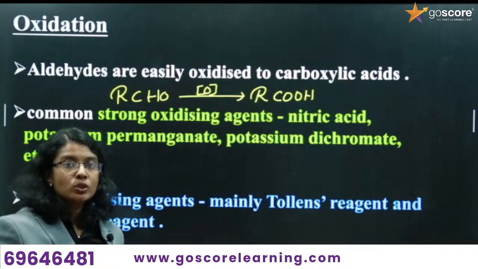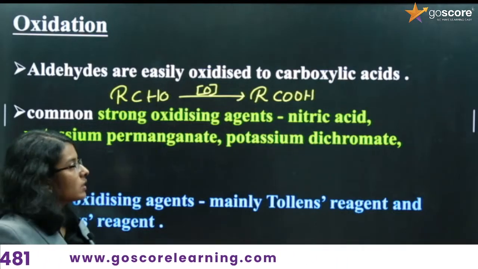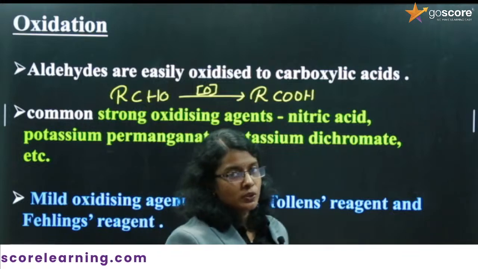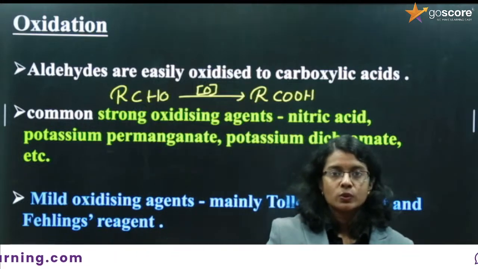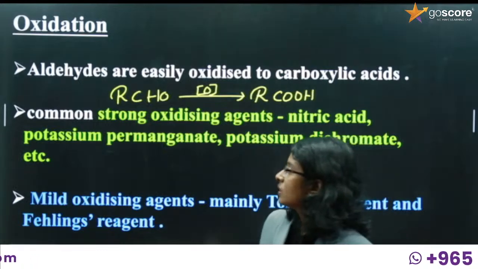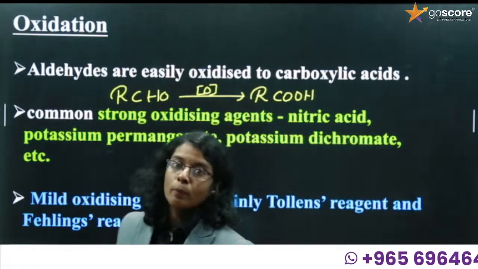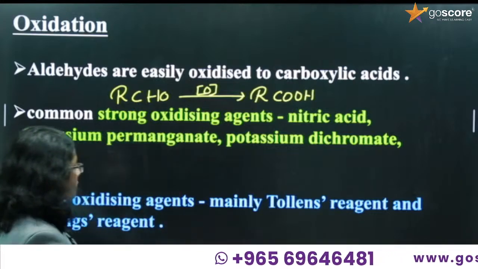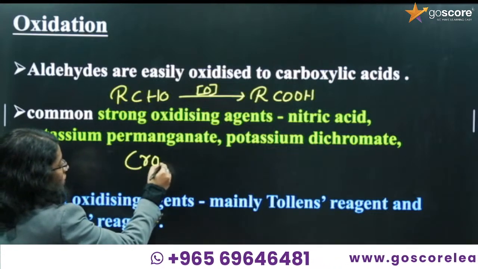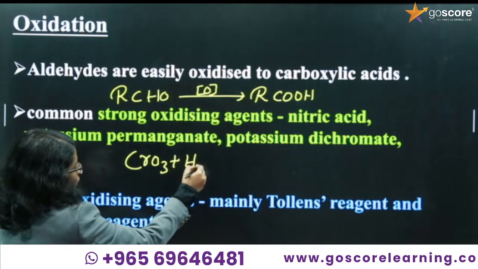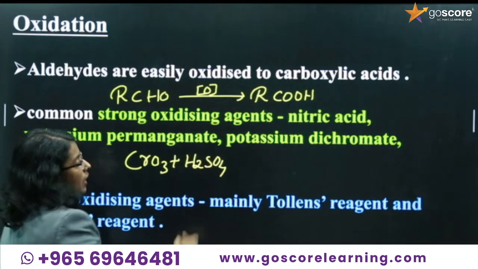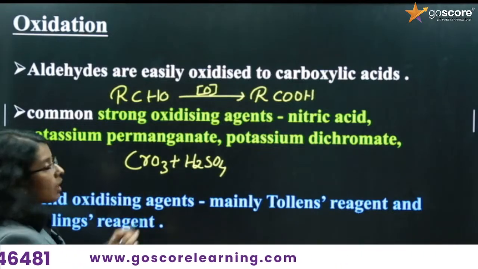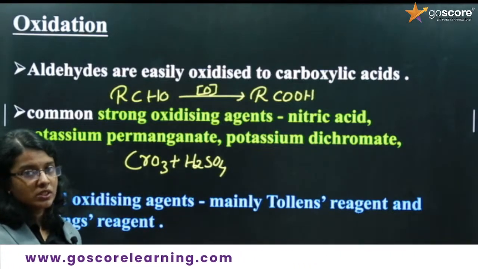Aldehyde on oxidation gives carboxylic acid. Which are the strong oxidizing agents? KMnO4, potassium dichromate, CrO3 plus H2SO4. These are all strong oxidizing agents that can convert aldehyde to carboxylic acid.